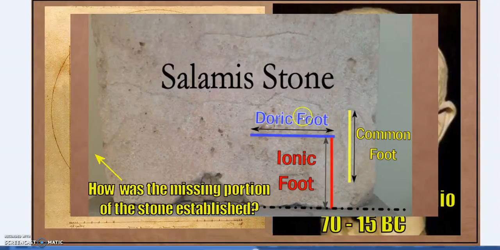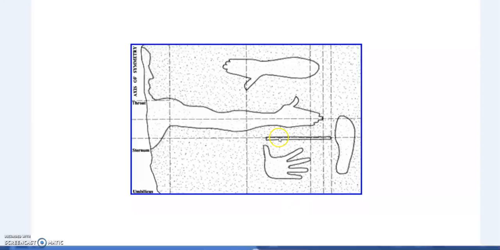We'll get to this as well, but the allegedly modern English foot, we can find that in the Parthenon and other ancient structures, and they're set in such a way that they convert to wonderful whole numbers, but also lovely harmonic numbers between Doric, Ionic, and the common foot. But I've mentioned that in previous videos.